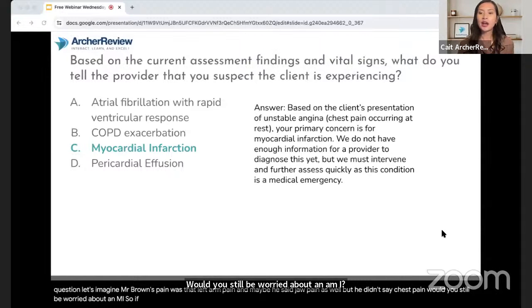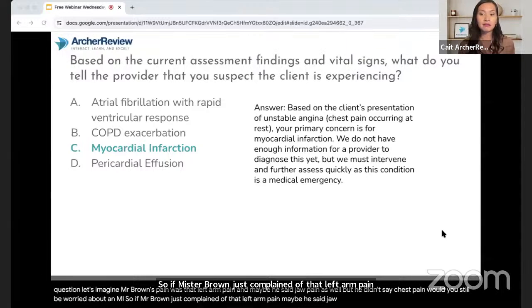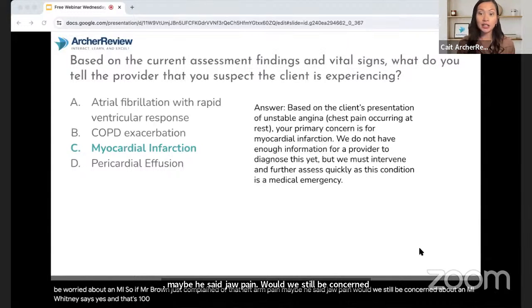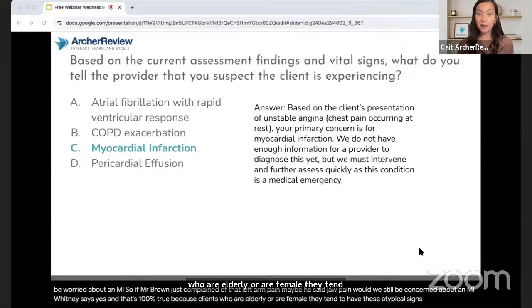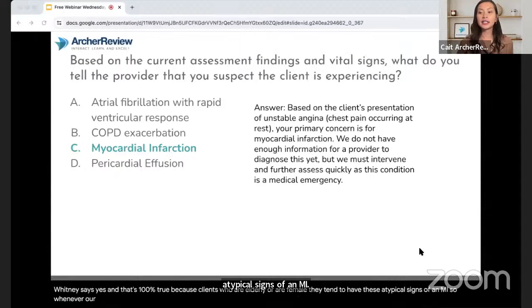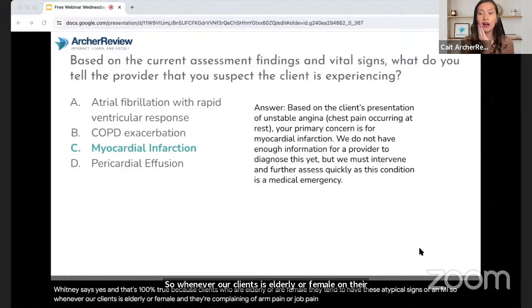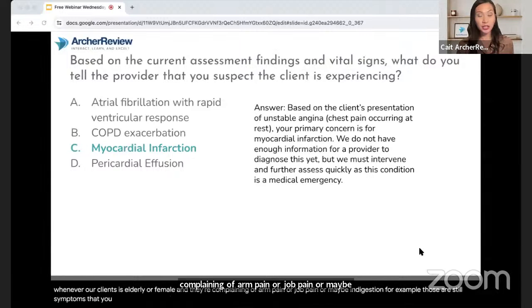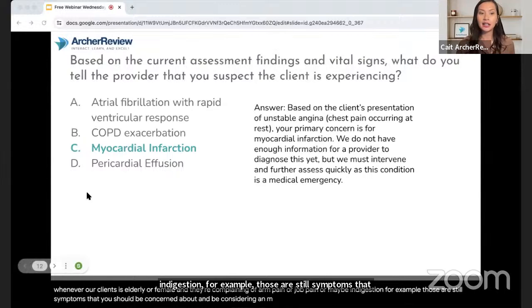Whitney says yes, and that's 100% true, because clients who are elderly or are female tend to have these atypical signs of an MI. So whenever our client is elderly or female and they're complaining of arm pain or jaw pain, or maybe indigestion, for example, those are still symptoms that you should be concerned about and be considering an MI in that client.